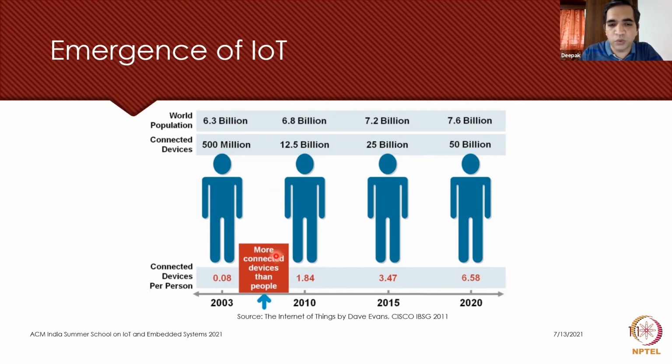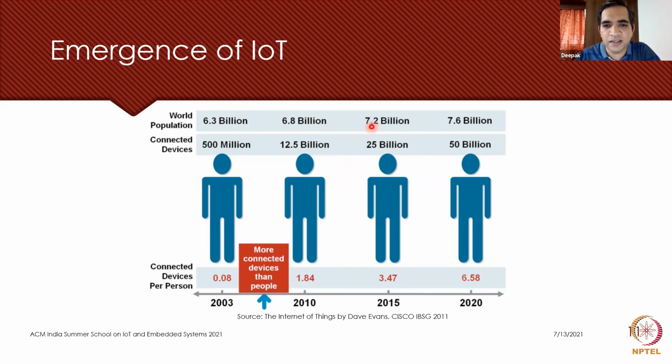Coming to 2010, you can see it has almost doubled. In about 4 years from when the number of connected devices became just a little bit more than the number of people, to 2010, it became almost twice the number of people in the world.